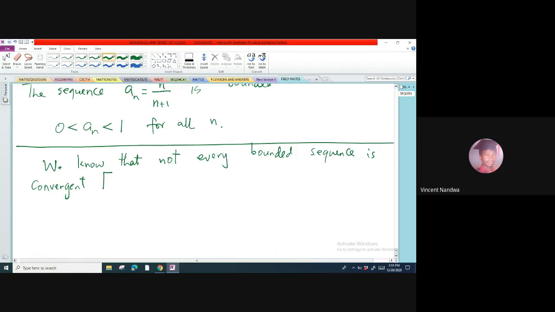You can put in brackets an equals negative 1 raised to power n, which satisfies negative 1 less than or equal to an less than or equal to 1, but it is divergent.